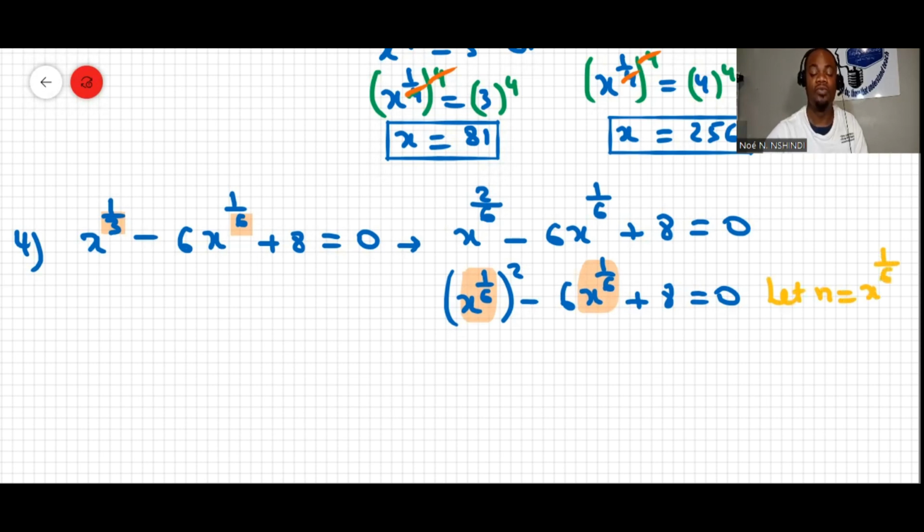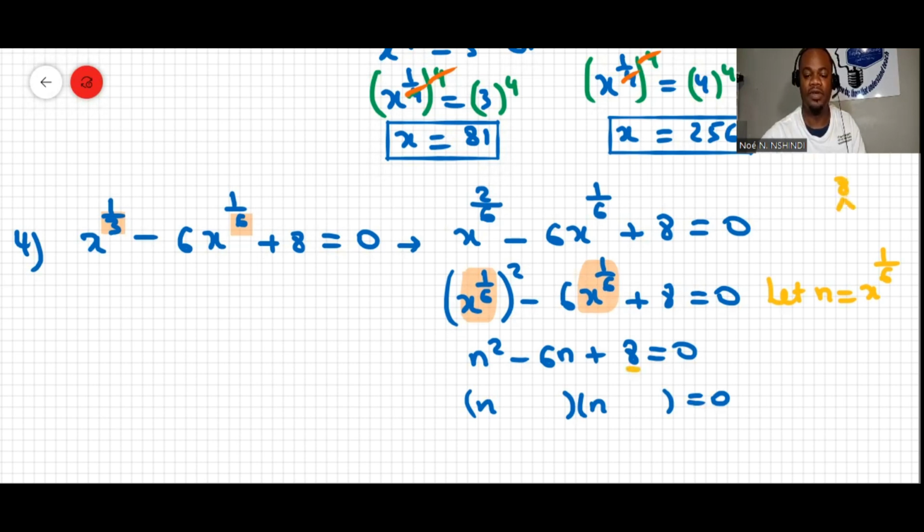The equation becomes a trinomial, n squared minus 6n plus 8 equal to 0. Then we can factorize. Factors of 8 are 1 and 8, 2 and 4. To make a sum equal to -6, this is possible only with -2 and -4, so I put -2 and -4 there.